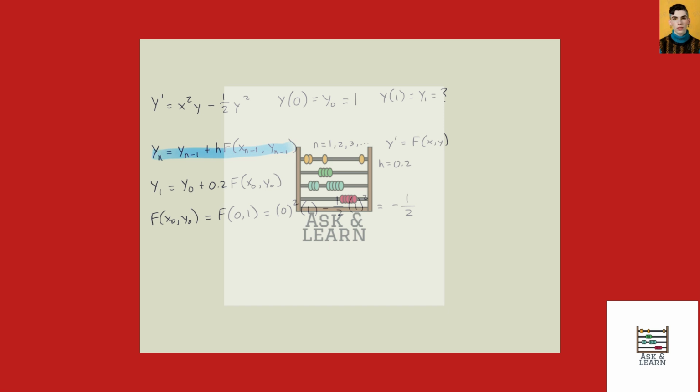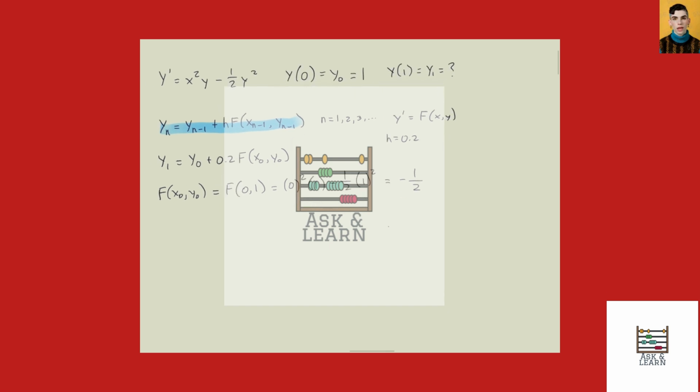And so we now have all the information that we need in order to estimate y at x is equal to 1, which is going to be equal to our initial value of y, 1, added to our step size multiplied by our derivative calculated at x0 and y0, which gives negative 1/2.